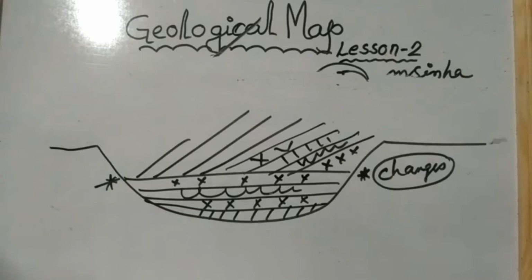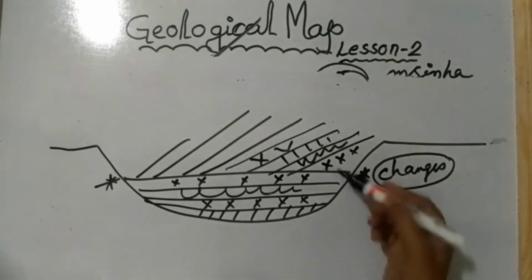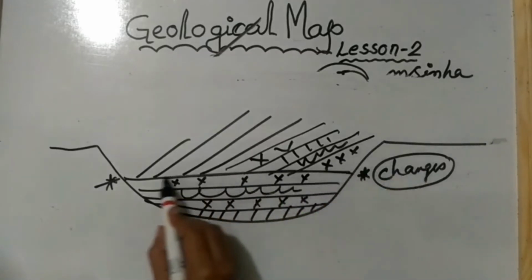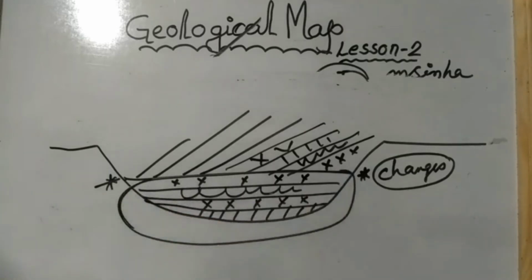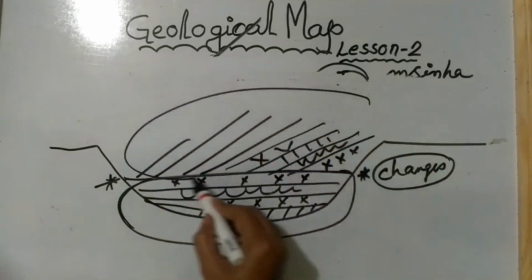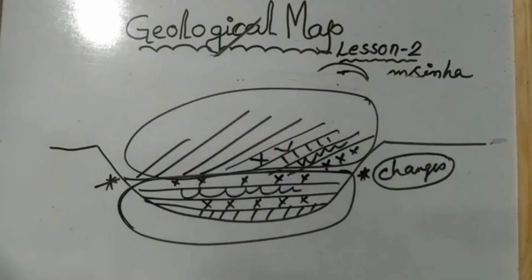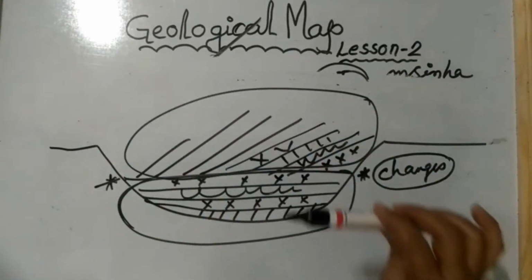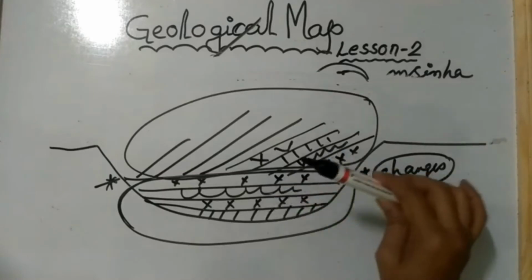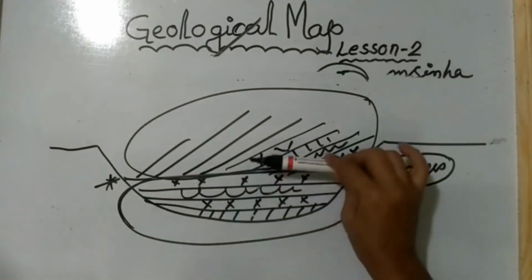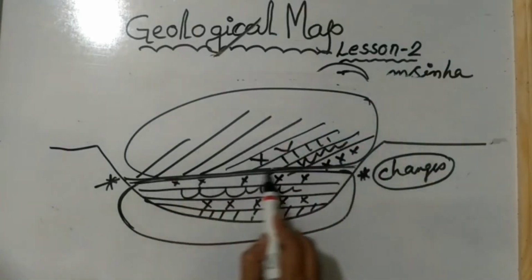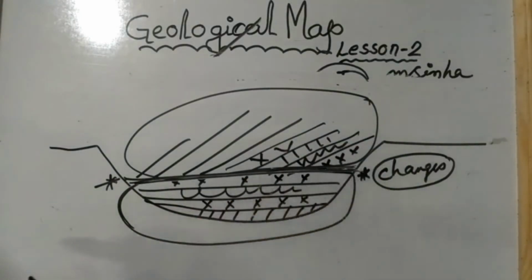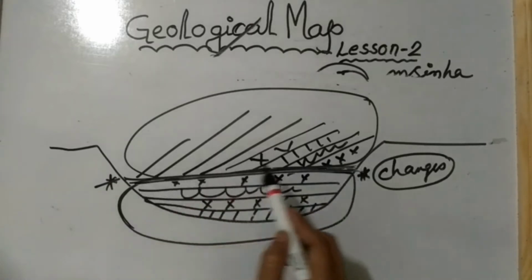That kind of change is known as the line of unconformity. Those zones are very similar to each other, and that zone is also similar to each other, but there is a remarkable variation, remarkable changes between that zone and this zone, and this is the surface area of those two types of deposition or two types of rock beds.